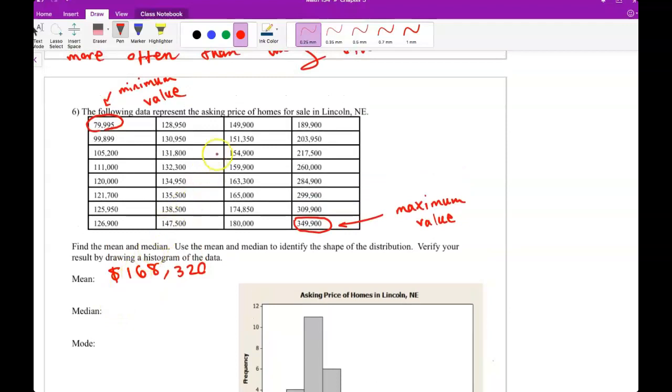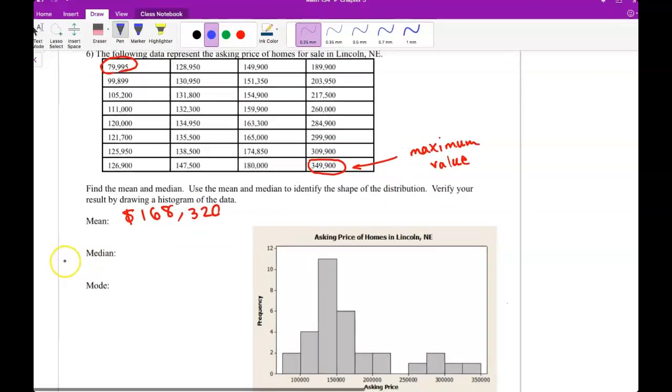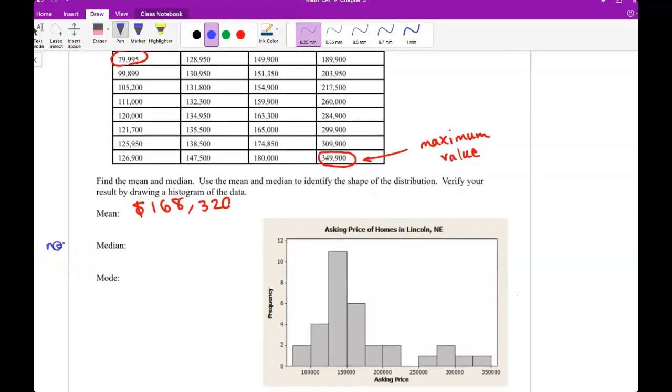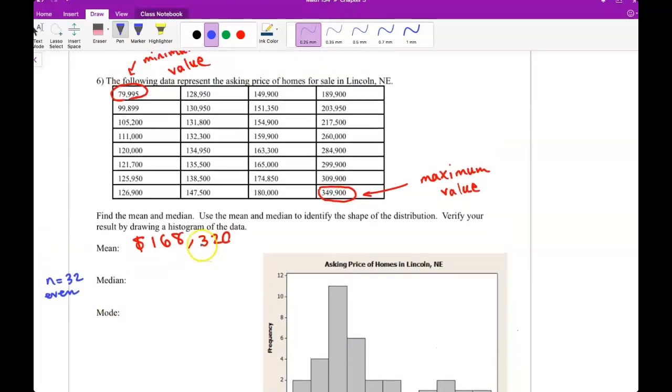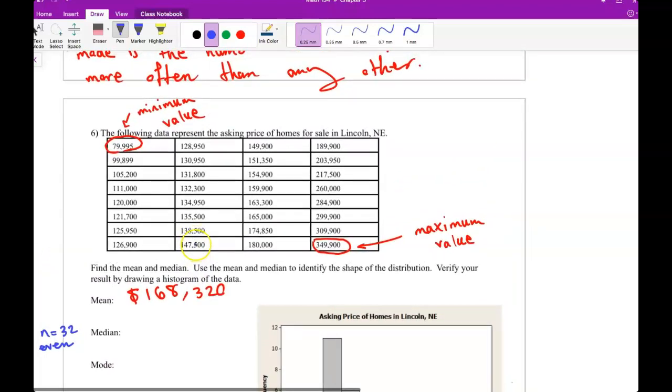Now finding median, since n is, okay, I'm writing that part here, n is 32, and that is even. These numbers are in order. We have to start from here on top, then move down. Then after that we have this number. Again, moving down.